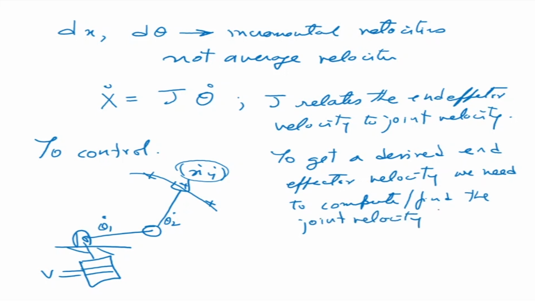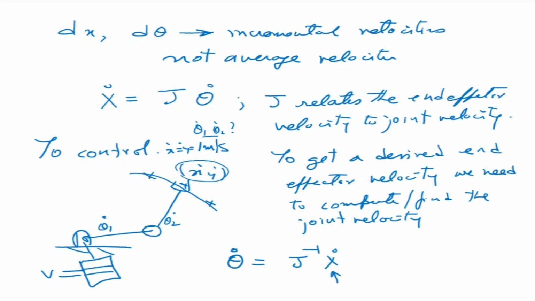Suppose I want this to move at 1 meter per second, so x dot is equal to y dot is equal to 1 meter per second. Corresponding to that, what should be theta 1 dot and theta 2 dot, because I'm controlling the motors? I need to know theta 1 dot and theta 2 dot to get this. How do I do that? I basically have to take the inverse. If I give you this, you should be able to tell me the joint velocity. That's what the controller needs.